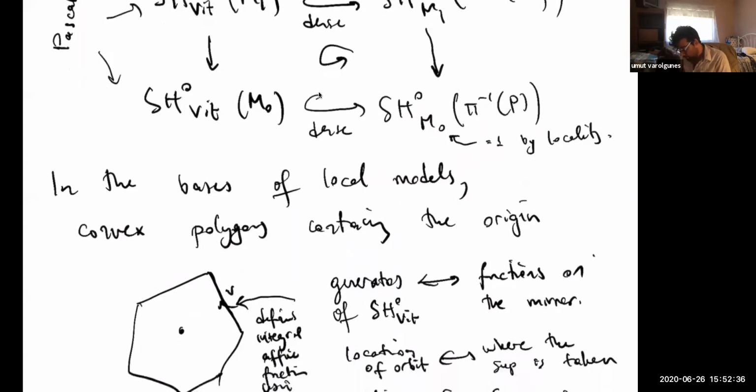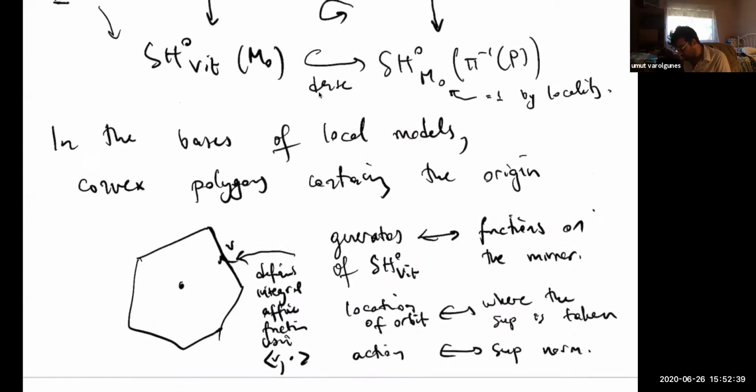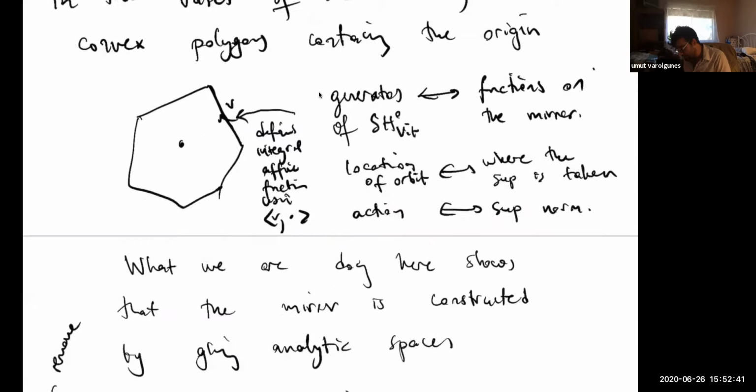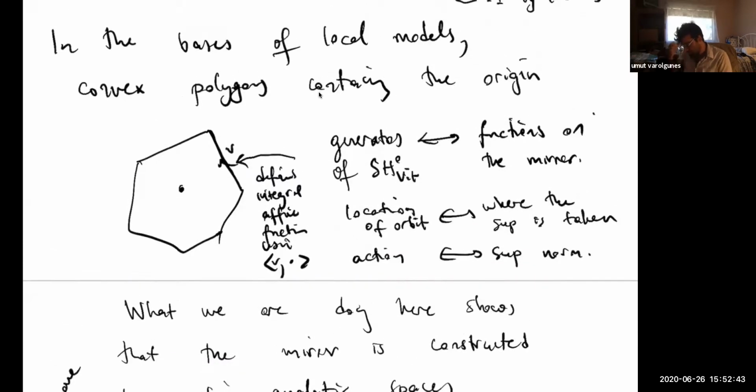The reason for this density, I think, should boil down to the following. If you take a convex polygon in the local model, then every edge gives you a generator of SH0 Viterbo with respect to some integral Liouville structure.